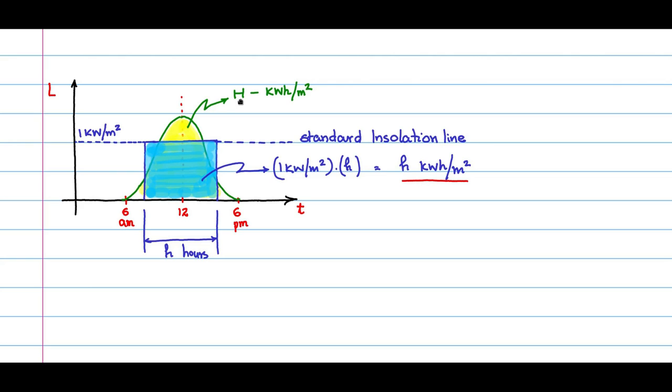Now this is the energy that is contained within this rectangle, and if we make this energy equivalent to the actual estimated energy at that place, which is H, then we would know what is the equivalent hours of standard insolation time.